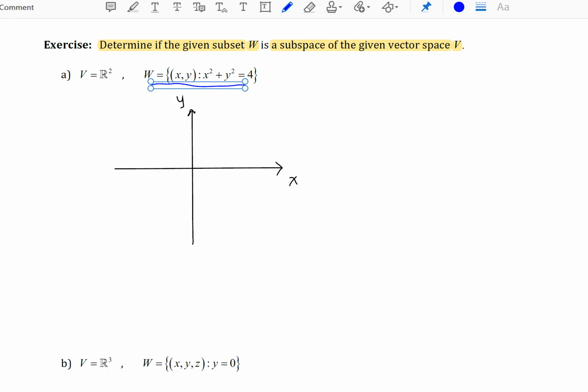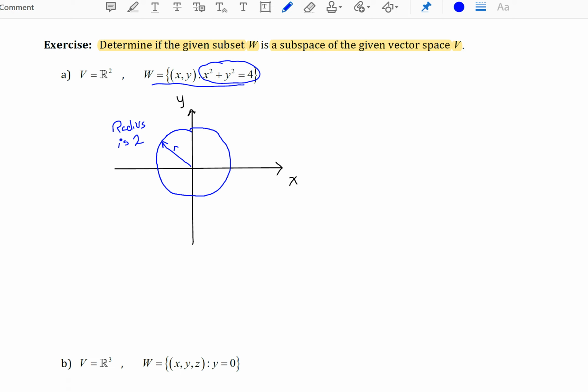Now what I'd like you to recognize is that W is all the ordered pairs x and y that satisfy x squared plus y squared is 4, which you'd like to recognize as the equation of a circle whose radius is 2.